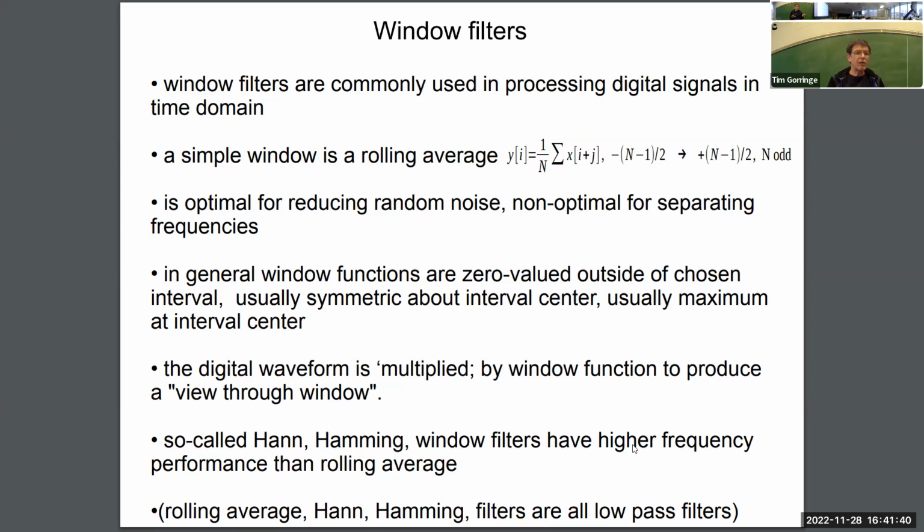So in the rolling average window filter, you put into your filter your digital signal, and out of your filter comes your processed digital signal, and each sample on the output is simply an average of n neighboring samples on the input.